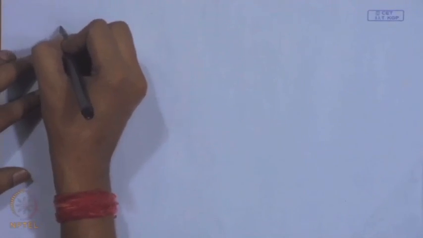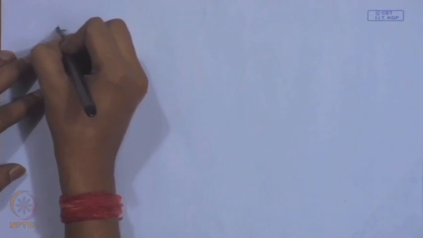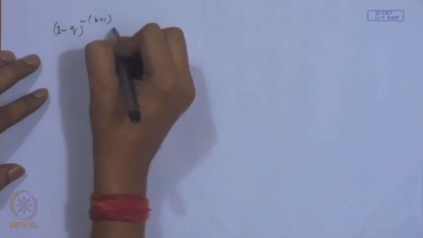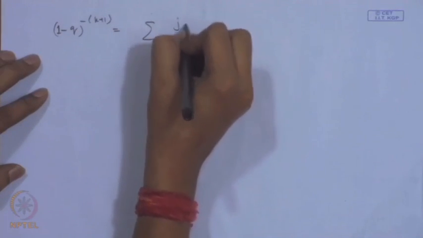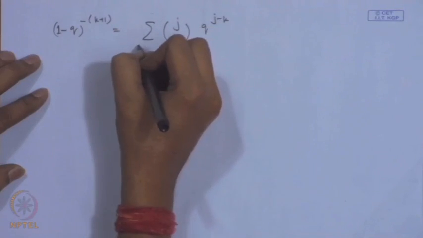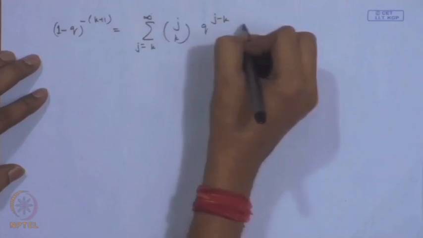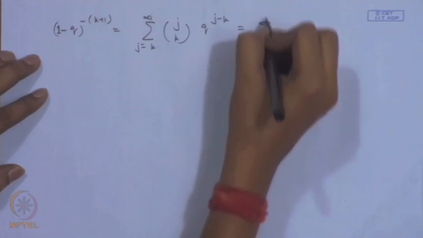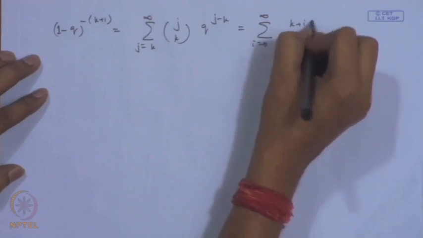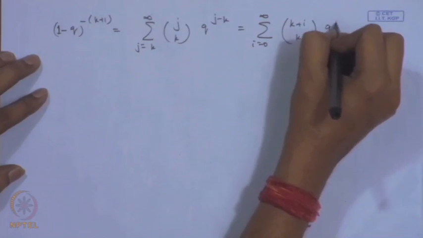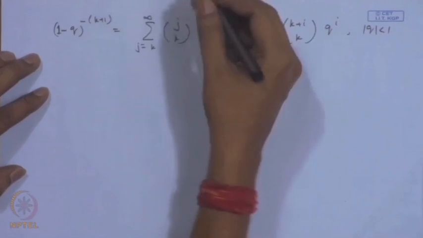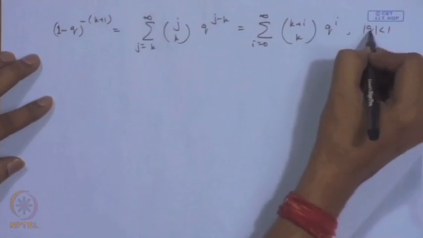Actually, if we consider 1 minus q to the power minus (k plus 1), that is equal to the sum of j choose k times q to the power j minus k for j equal to k to infinity, which can also be expressed as the sum for i equal to 0 to infinity of (k plus i) choose k times q to the power i, where q is between minus 1 and 1. Here of course, q is between 0 and 1.